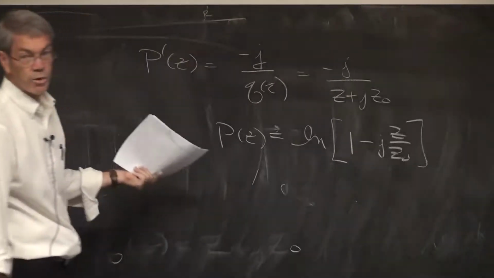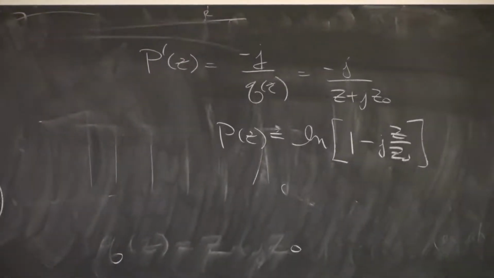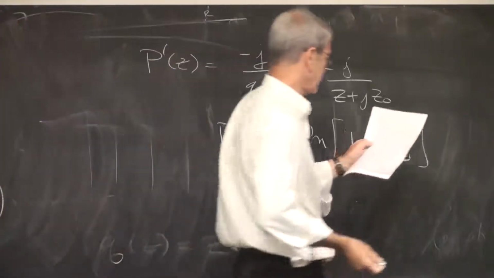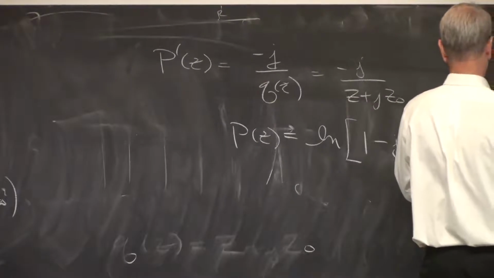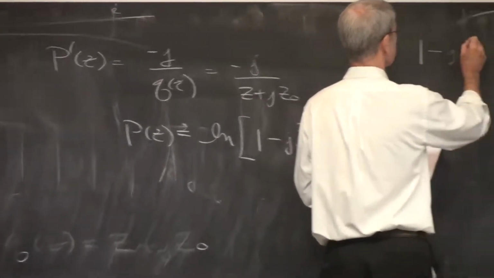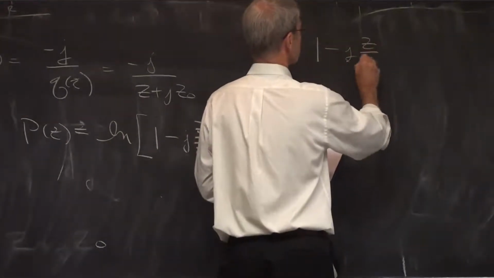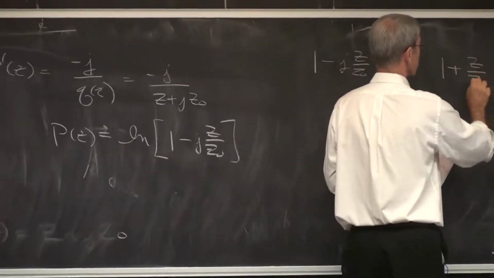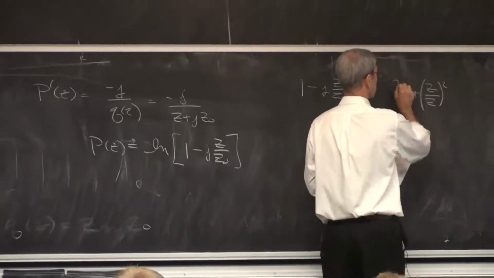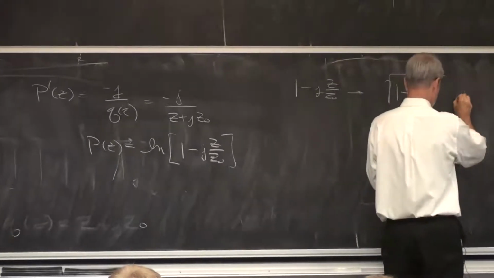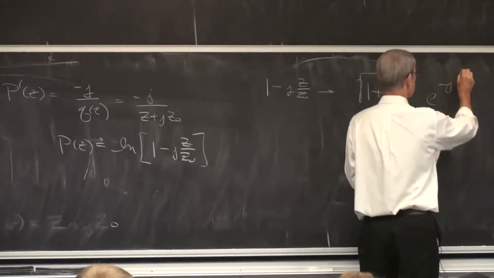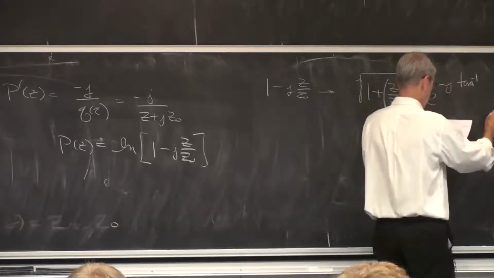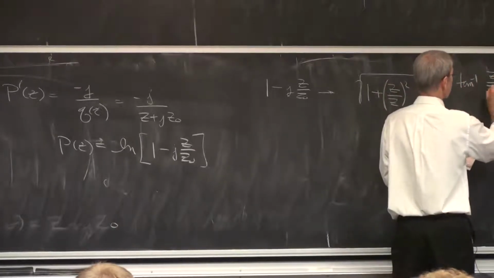Now here's where teaching 2100 pays off. I'm going to write this in terms kind of a phasor notation here. So I can rewrite 1 minus J Z over Z naught as the square root of 1 plus Z over Z naught squared, times e to the minus J tan inverse of Z over Z naught.